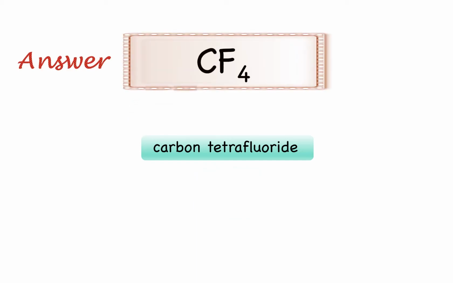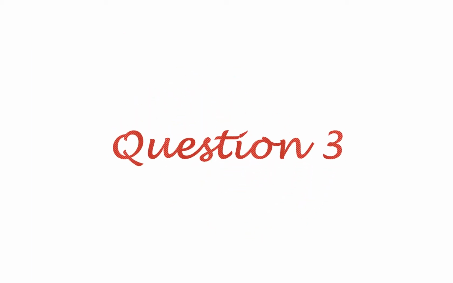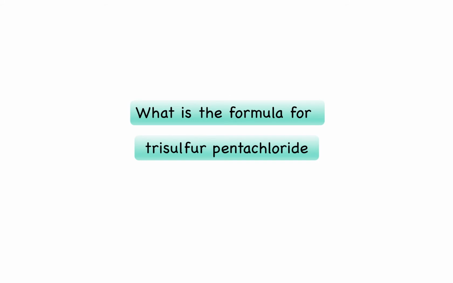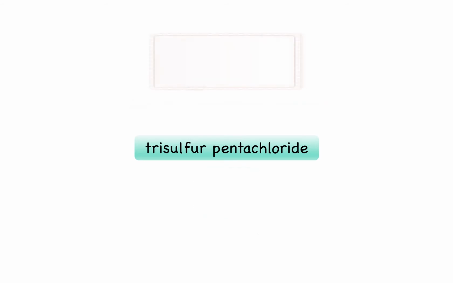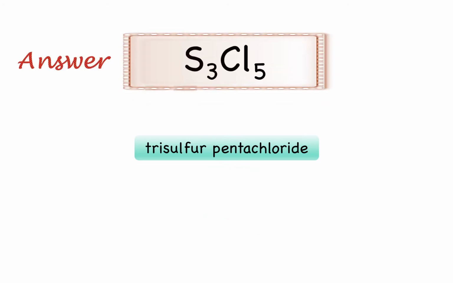Answer: CF4. Question 3. What is the formula for trisulfur pentachloride? Answer: S3Cl5.